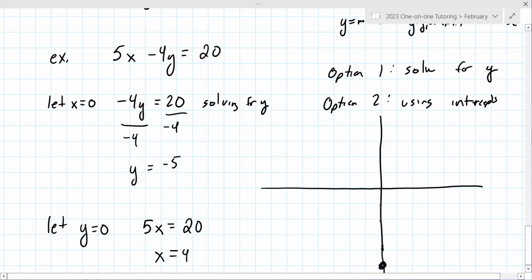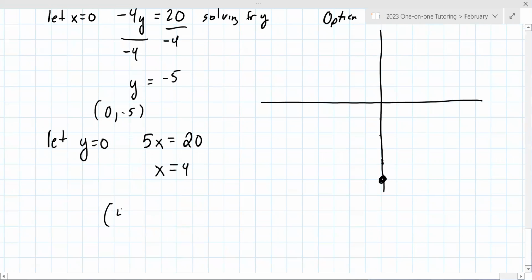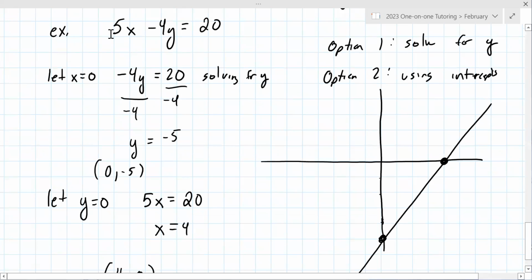It's good to write the ordered pairs, especially if you ever switch the variables, but x comes before y. There's the other point, and there's your line. Now, would you have gotten this doing slope-intercept form? Yes, but you don't want to do that unless you have to.